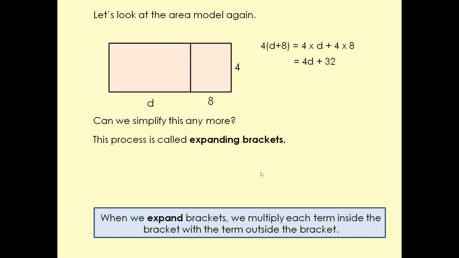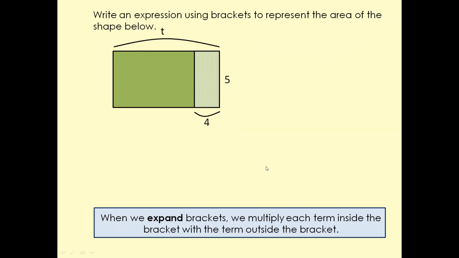I'm going to look at this in a minute. Let's have a look at one more example. If you want to find out the area of this portion here, the green one, in this case, what you have to do is find the area of the whole rectangle and take away the area of this small rectangle. So that is the question there. We're going to expand this.